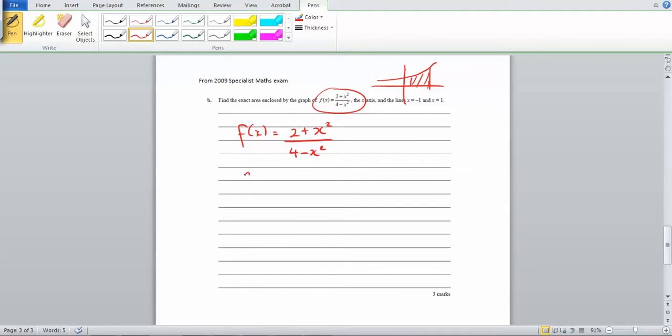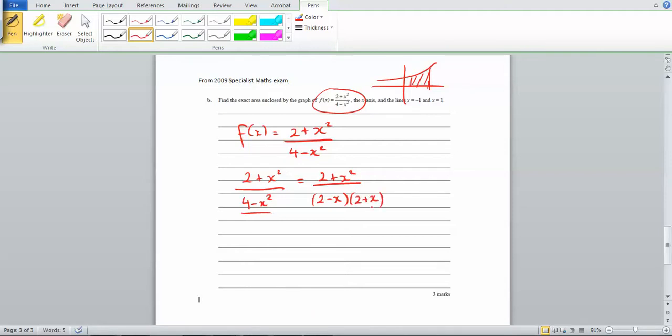So first of all, we would say 2 plus x squared over 4 minus x squared. Well, that is equal to 2 plus x squared over, and let's factorize this, 2 minus x, 2 plus x.